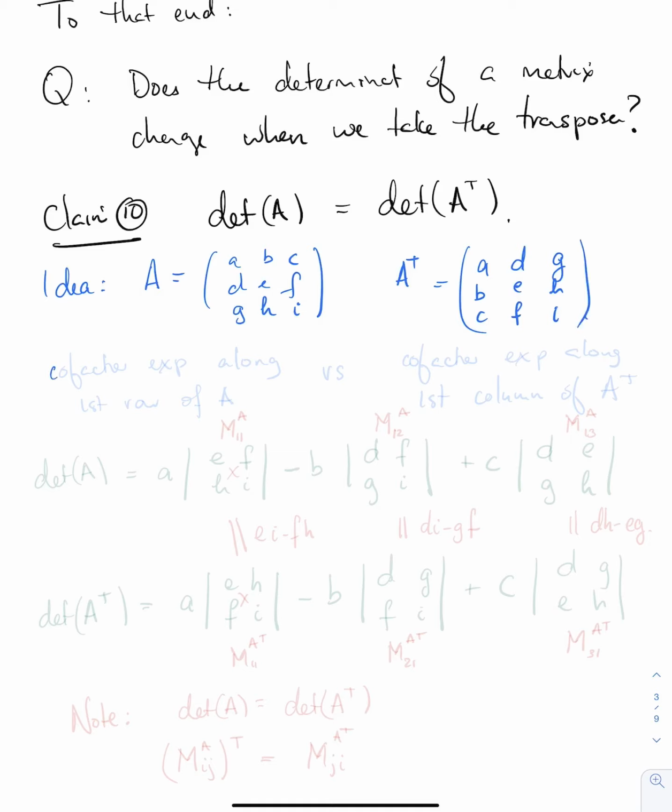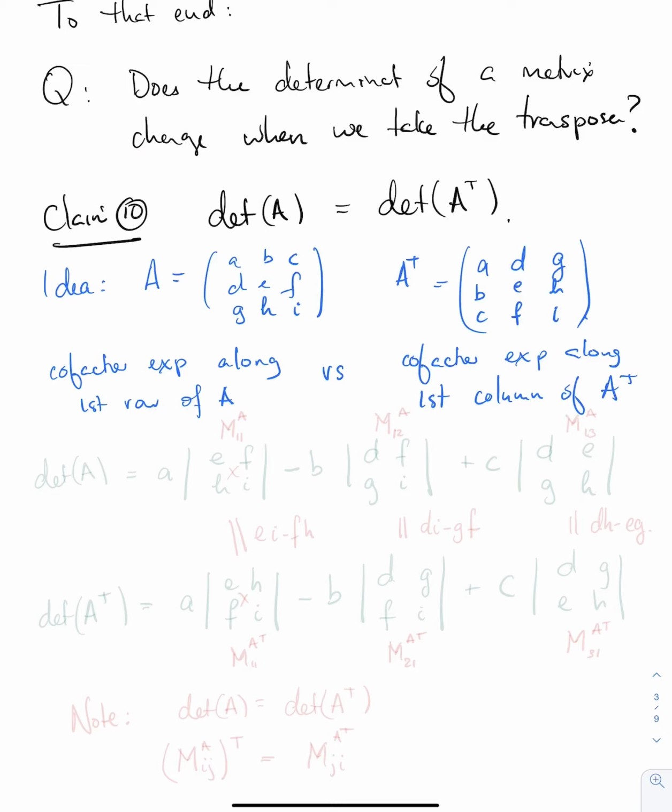I can do the cofactor expansion along the first row of A to find the determinant, and I can compare that to the cofactor expansion along the first column of A transpose to find the determinant.